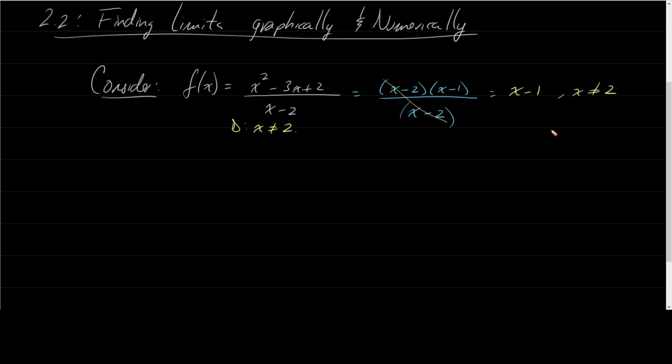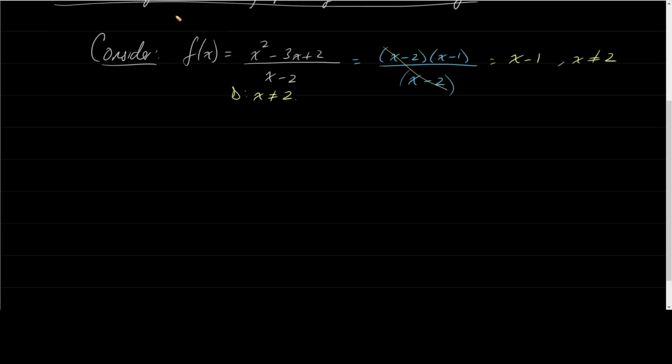So this function just simplifies to be x minus 1 for all the values where x is not equal to 2. So let's look at the graph of this. It's going to look like x minus 1. Now, x minus 1 is a linear function that has a slope of positive 1 and a y-intercept of negative 1. So it looks like this.